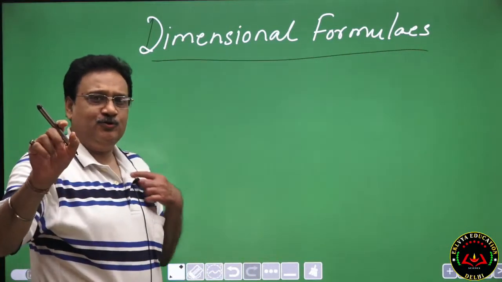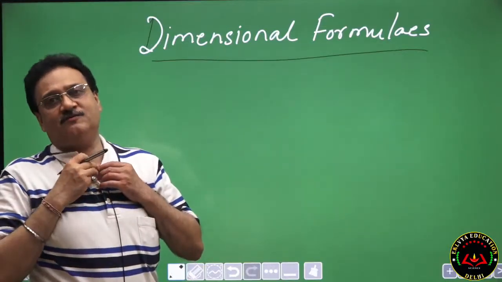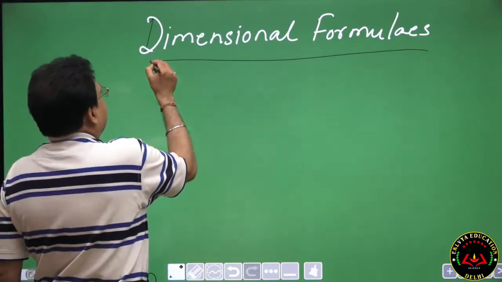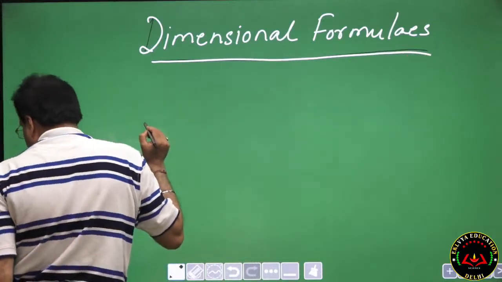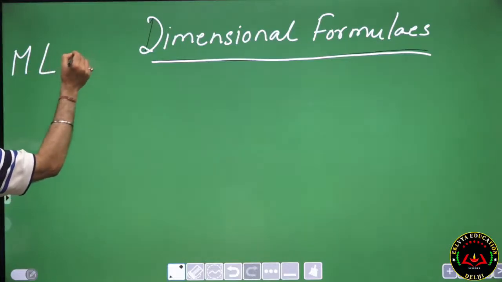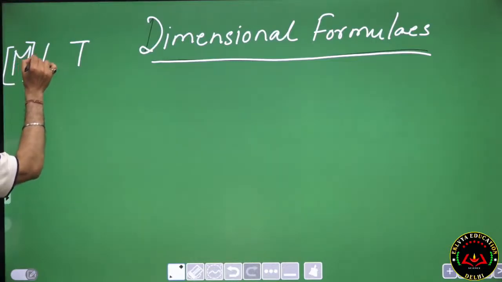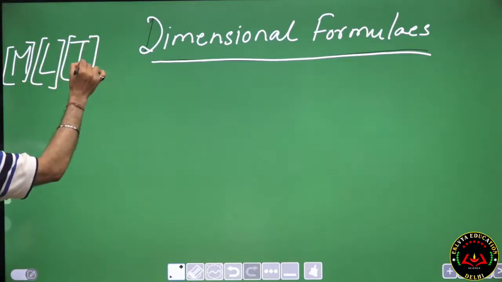So don't get confused between a mathematical formula and a dimensional formula. That's the one thing you have to be very, very careful about. The dimensional formula will include symbols like M, L, T, and so on inside this bracket.